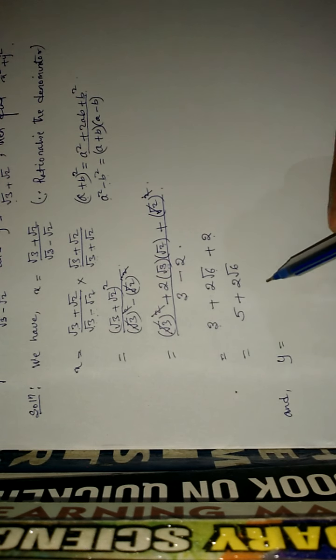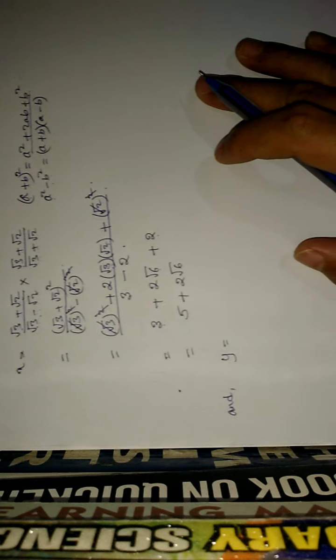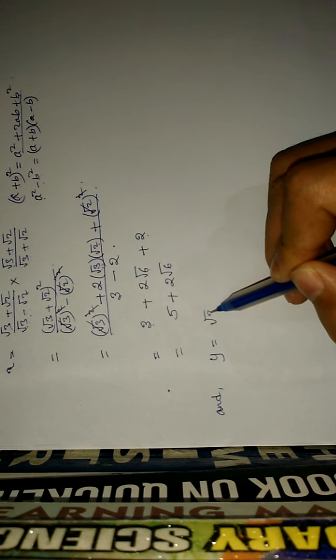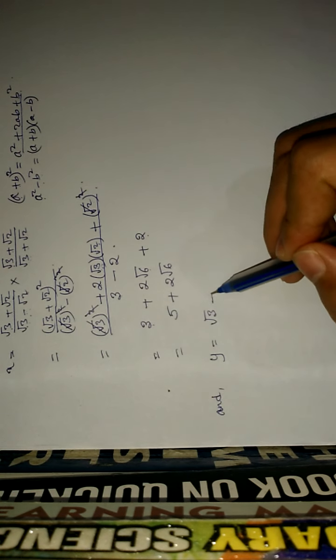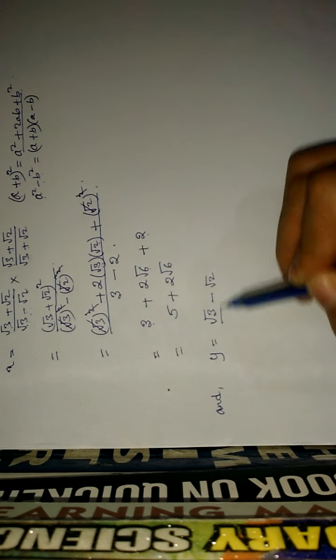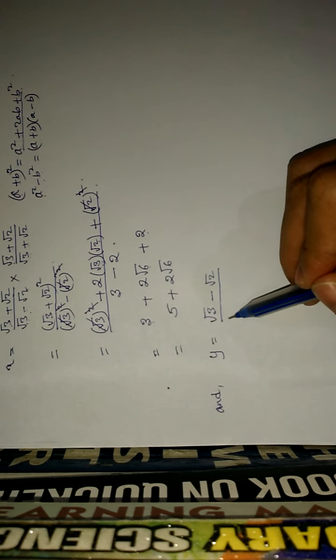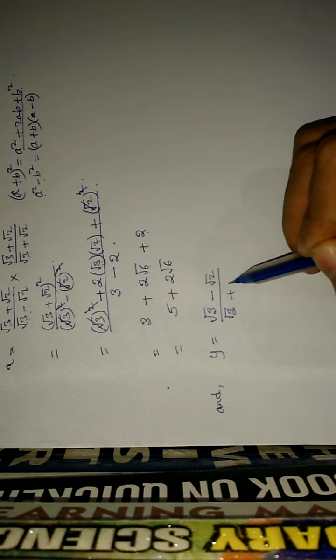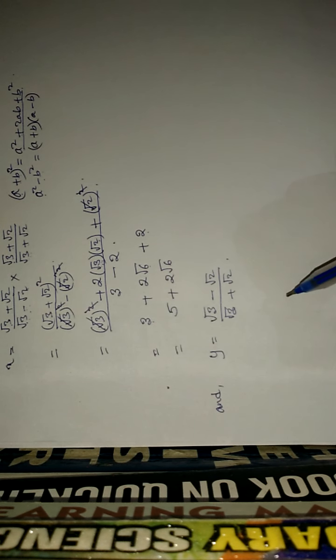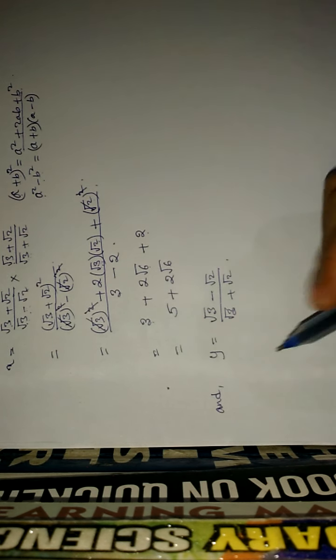Okay, then let's rationalize here. Our rationalizing factor in this case will be, since it is plus at the denominator, rationalizing factor should be root 3 minus root 2. Again, denominator also root 3 minus root 2.